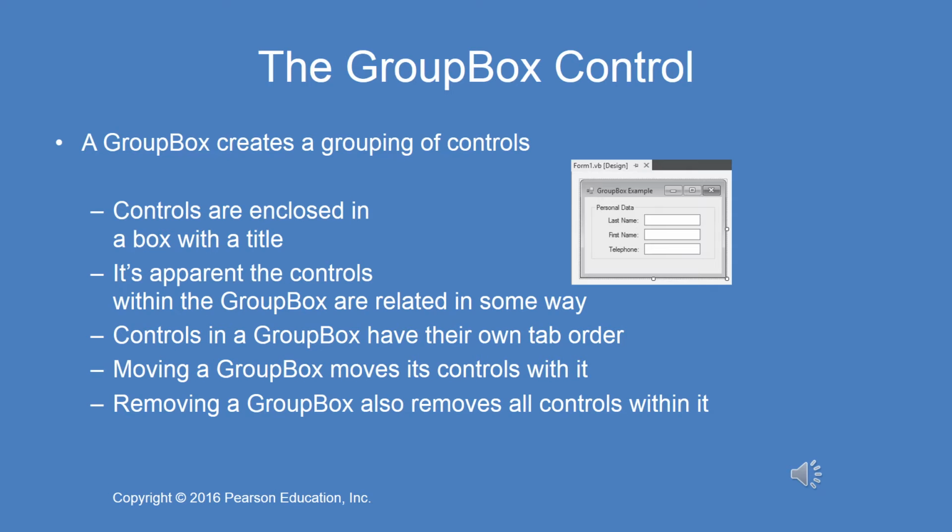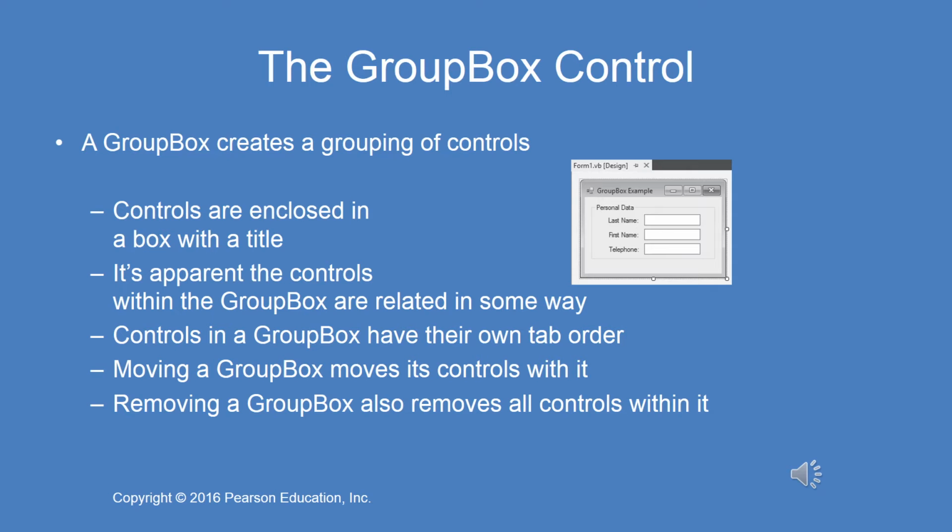Next, on to the GroupBox control, which I touched upon earlier with tab order. So a GroupBox creates a grouping of controls, and those controls are enclosed in a box, and the box has a title. And the controls within the GroupBox are related in several ways.